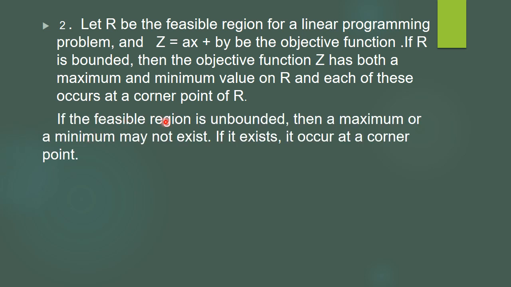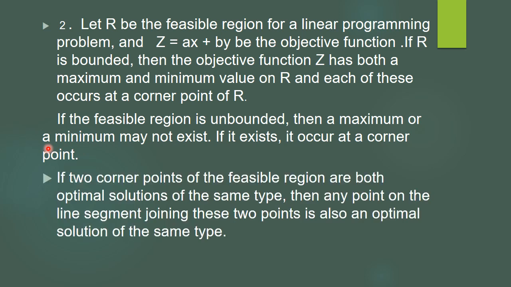If the feasible region is unbounded, then a maximum or minimum value may not exist. If it is bounded, we get both values, but if it is unbounded, we get only one value, either a maximum or minimum, depending on the unbounded region. And if it exists, it occurs at a corner point only. So the corner points of the feasible region are always important.